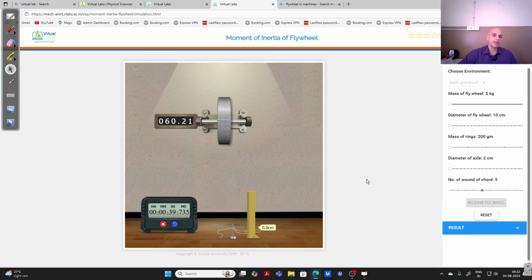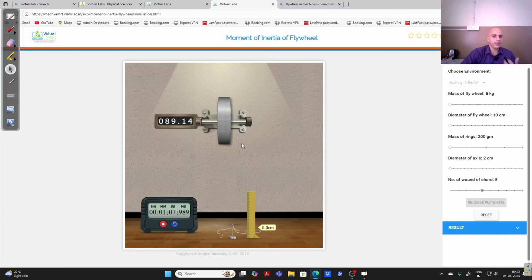We have to wait till it gets stopped. Let's wait further. It will depend upon the friction in the flywheel, right?